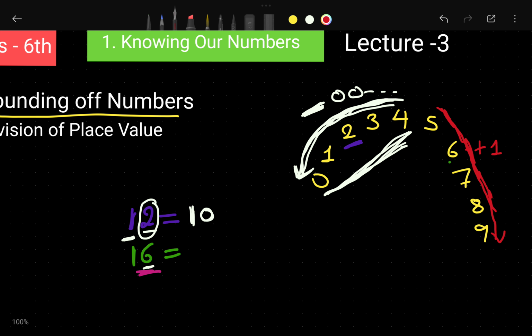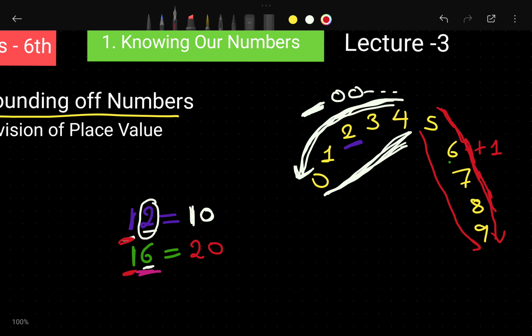Here, where does it fall? It falls in the red marked position, so it means it is going to be plus 1. In this one, where we have to add, we add 1 to the first digit. So 1 plus 1 is going to be 2, and whatever the second number is, it is going to be 0. In the lower range we don't touch the first digit, we make the second digit 0.